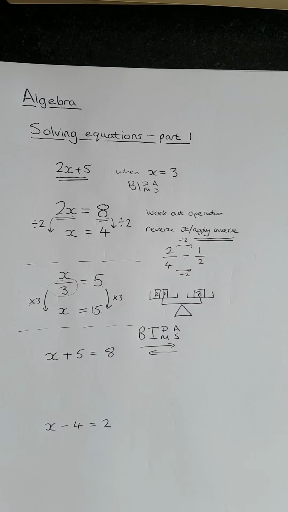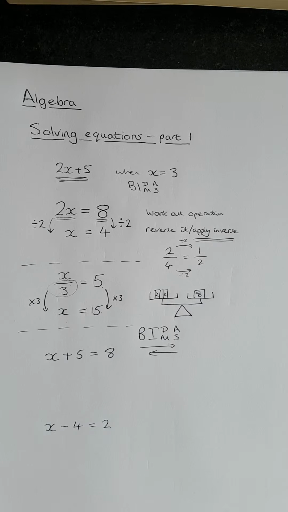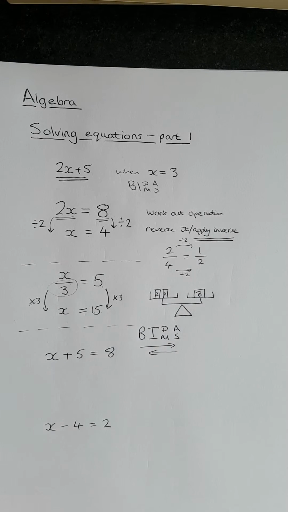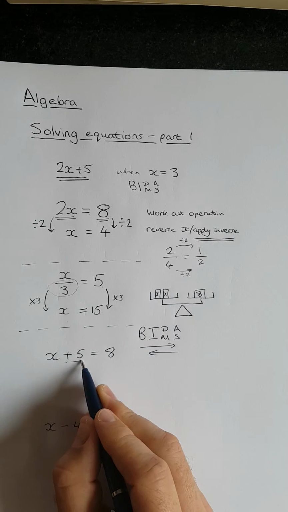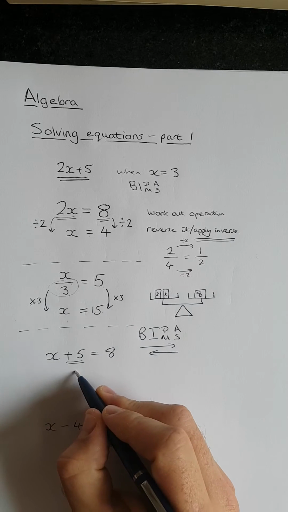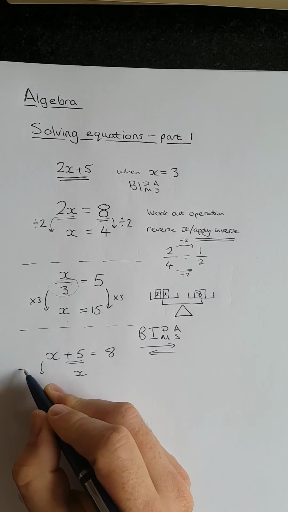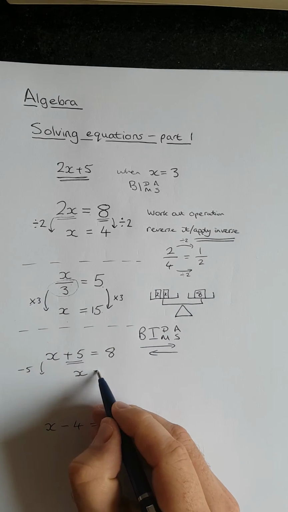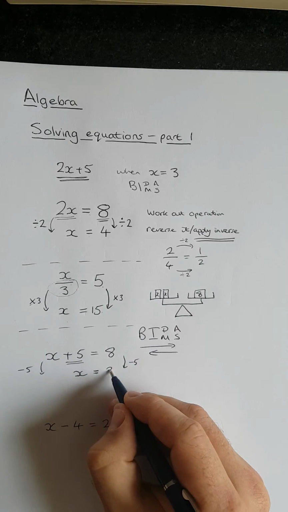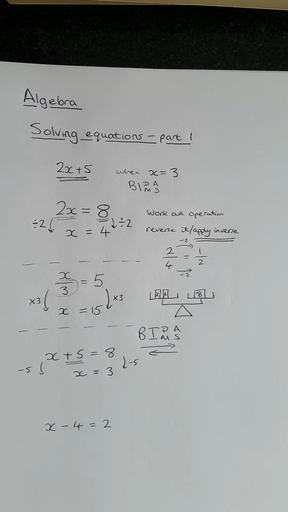Now we're going to look at the pairing of adding and subtracting. So x add 5 equals 8. So the operation we're going to reverse is adding 5. So we're going to take away 5 from this side, which will leave me just with x, and take away 5 from this side, which will leave me with 3.